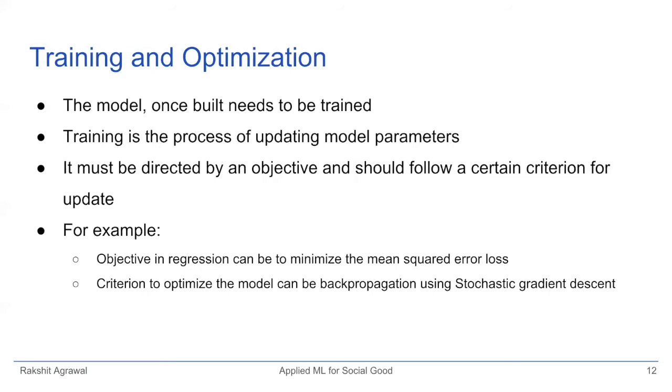You start with random values of a, b, and c. You start showing it data: x goes in, it follows the process, and then y comes out. Do I know what the result is, right? So you keep doing that, keep updating values of a, b, and c. And if you were able to learn something good, you will reach the right values, or at least very close to the right values.